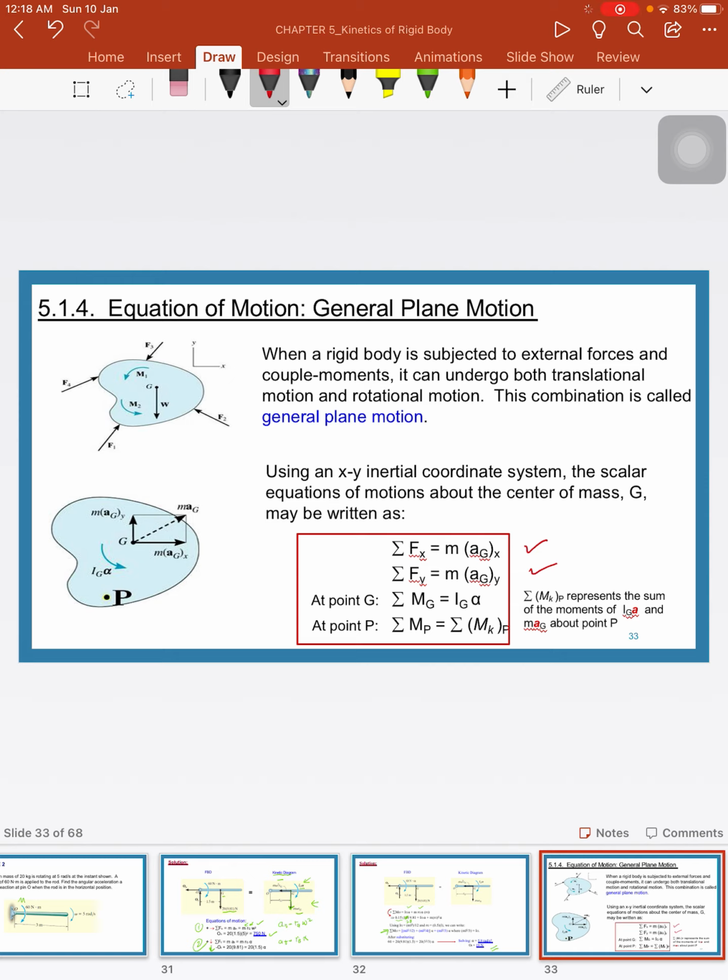And at point P, summation of moment at point P equal to summation of (Mk)P. So (Mk)P represents the sum of the moment of IG alpha and m aG about point P, by using parallel axis theorem.